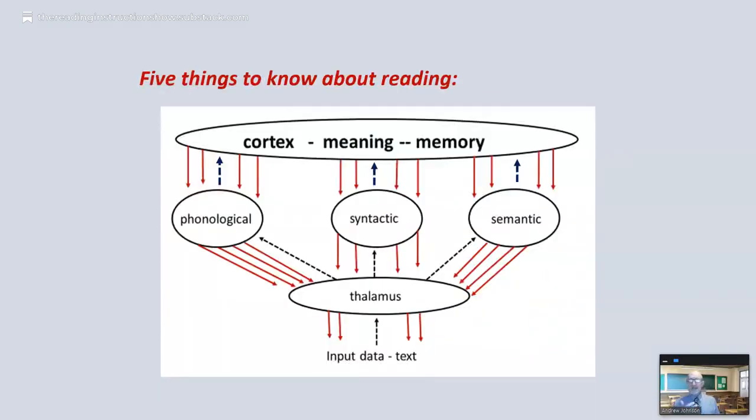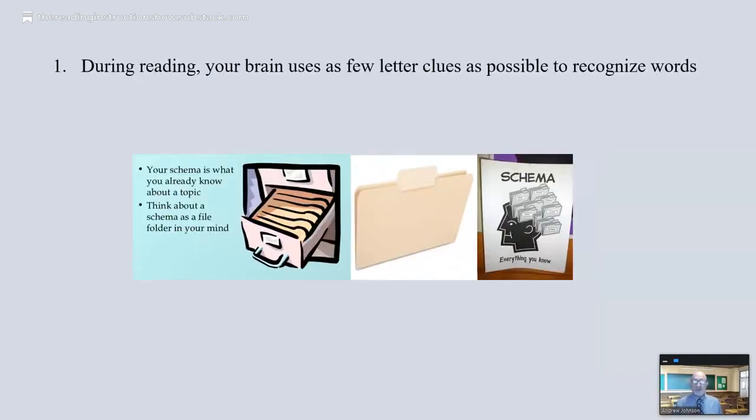So 5 things to know about reading. First, during reading, your brain actually uses as few letter clues as possible to recognize words. We're using our schema or the information in our head. A schema is like a file folder containing information around basic topics. The more information we have, the better able we are to read and understand.